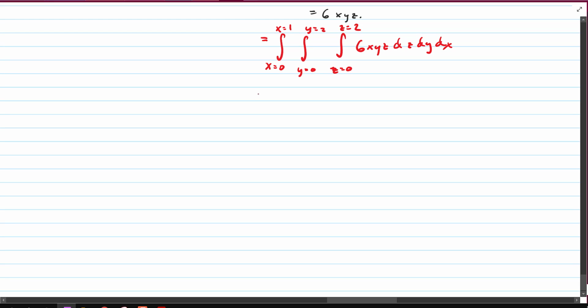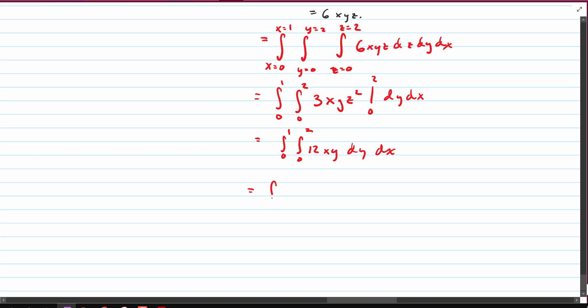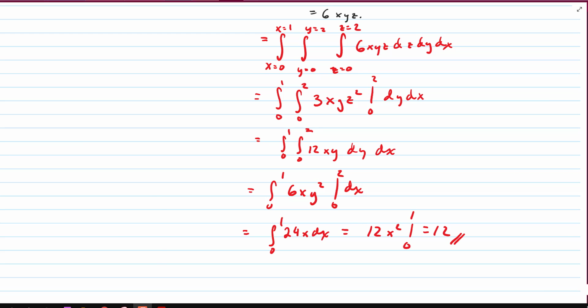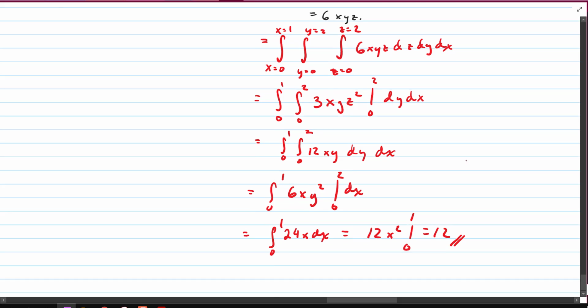Let's now compute that integral. And so we find that the divergence throughout the solid region, the solid rectangular prism, is 12.